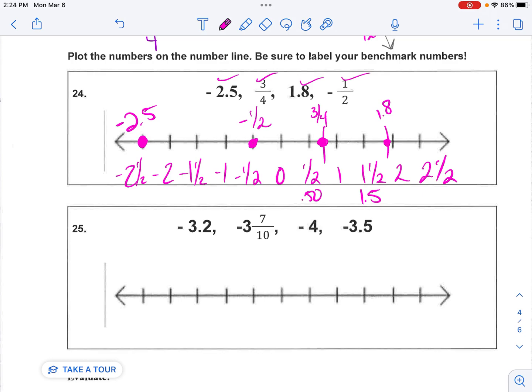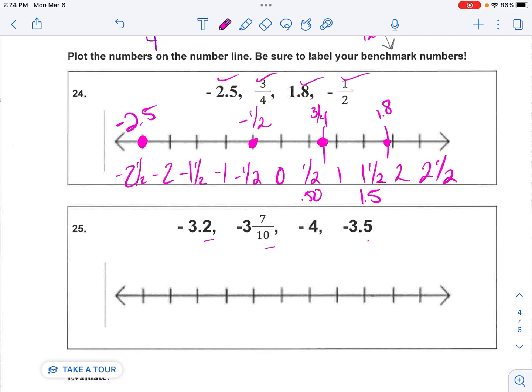Okay, this 25, I have a negative 3 and 2/10, negative 3 and 7/10, negative 4, and negative 3 and 5/10. So all of these are between negative 3 and negative 4. So I'm going to make my number line accordingly.